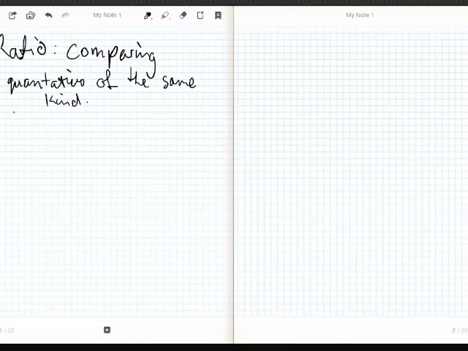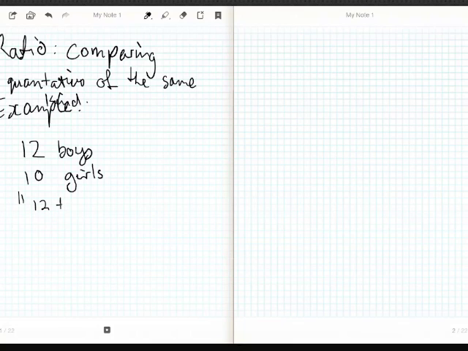An example of this could be if we had 12 boys in a class and we had 10 girls in a class, we would have a ratio of 12 to 10.